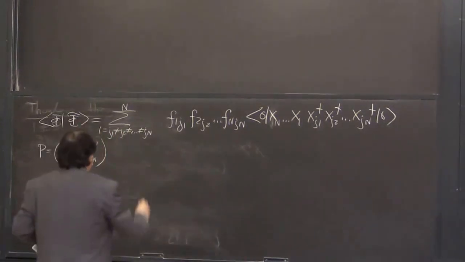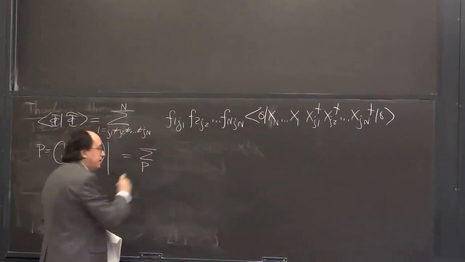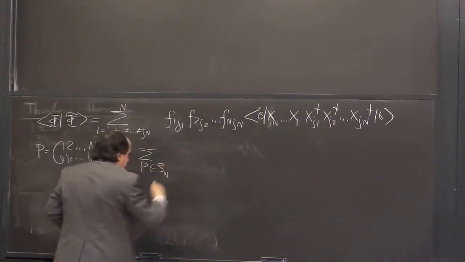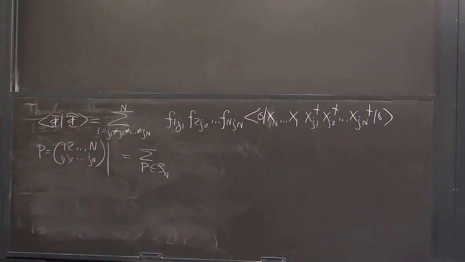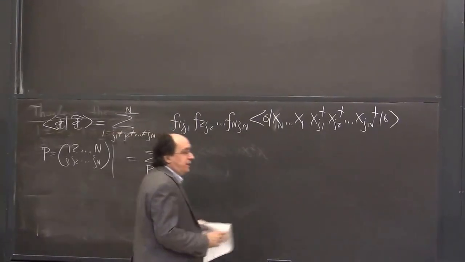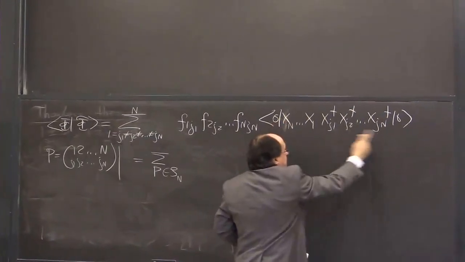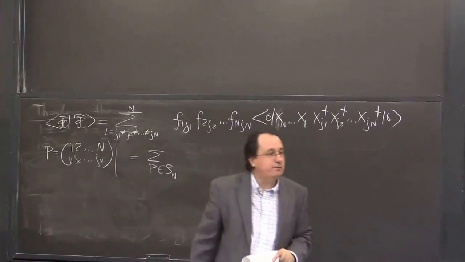So let me keep writing. I have here a summation over permutations of indices; we use the symbol Sn for the group of permutations of n symbols. And then the question is, what else do I have? Well, you remember, we are talking about the expectation value here in the true vacuum.